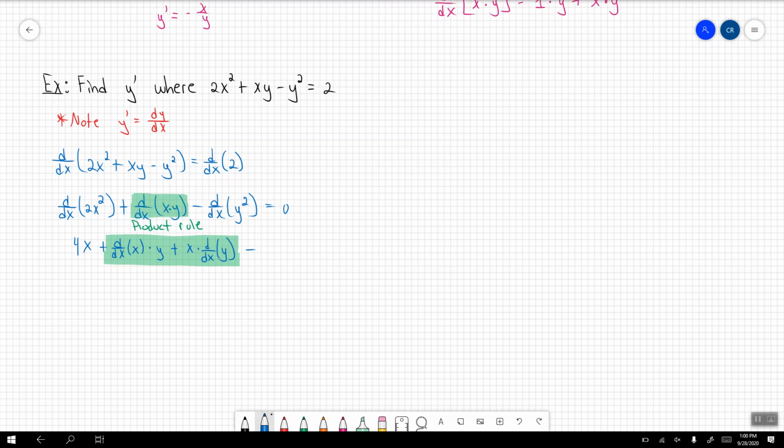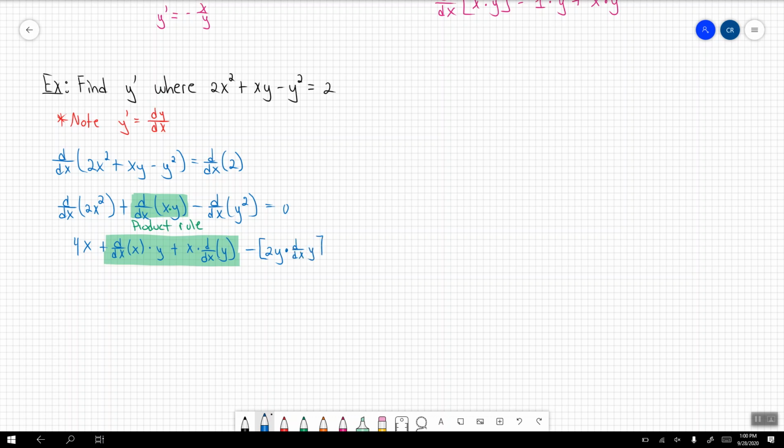Last term, minus, I now need to take the derivative with respect to x for y squared. Now, in this particular case, since y is a function of x, when we take the derivative, not only do we need to account for the power rule, we also need to account for the chain rule. So we drop the exponent forward, so we get 2y multiplied by the derivative of the inside.